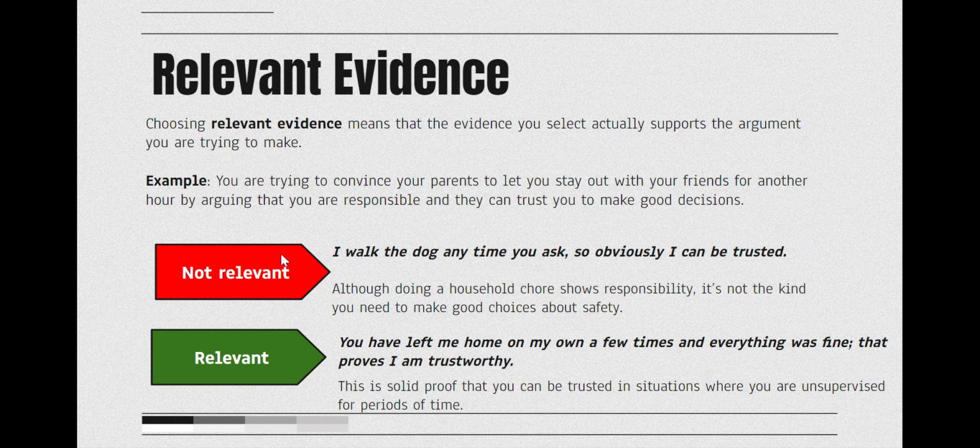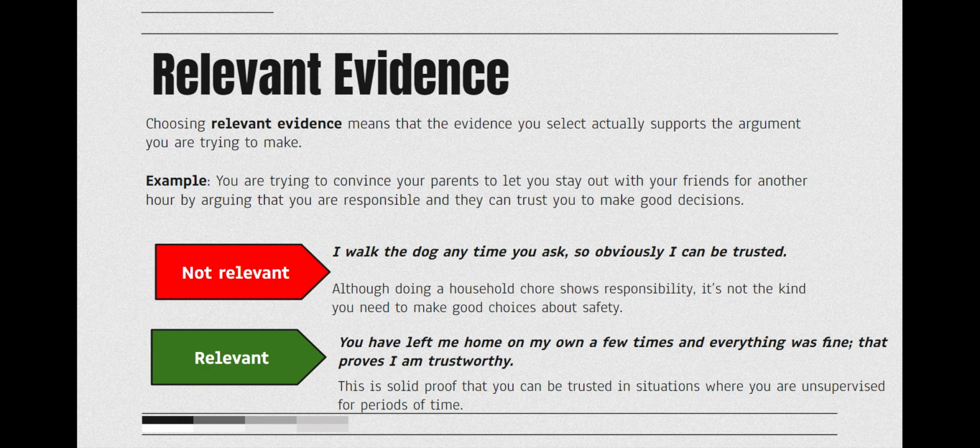A piece of evidence that is not super relevant to this argument is saying, I walk the dog anytime you ask, so obviously I can be trusted. Now, doing a household chore kind of shows responsibility, but it's not really the type of evidence that you would need to support the argument that you can go out with your friends for a longer period of time, right?